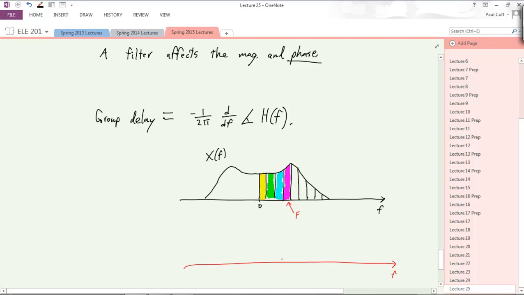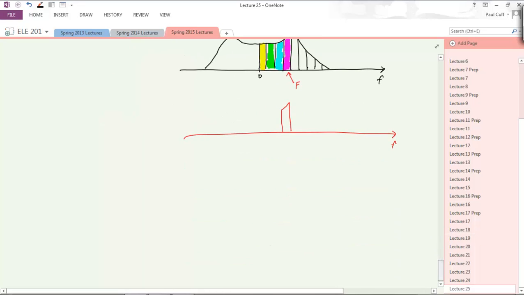We could keep that part intact and assume the rest is however we want it to be. It's not going to matter.